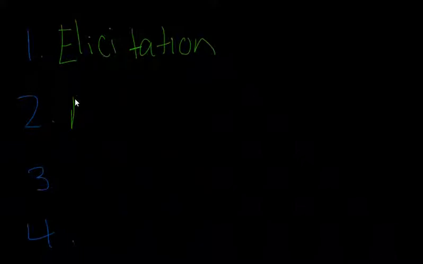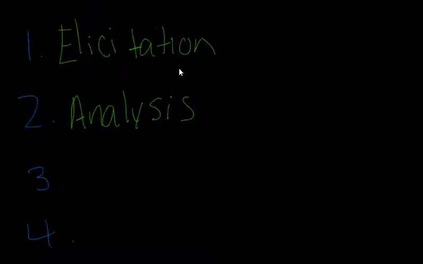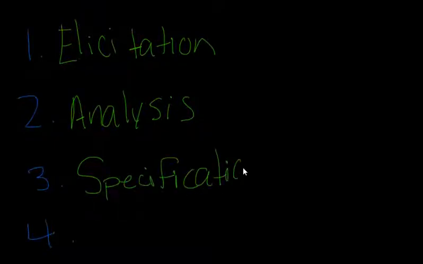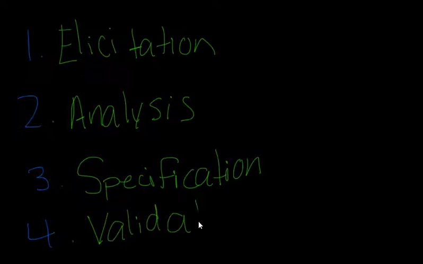The next is analysis. As the name would imply, you're analyzing all the data you collected in the elicitation phase. Then third, we have specifications. This is finalizing your requirements, documentation, etc. Then validation, where you are checking back with the client to make sure you have valid requirements, that all the requirements are correct and they satisfy their needs.